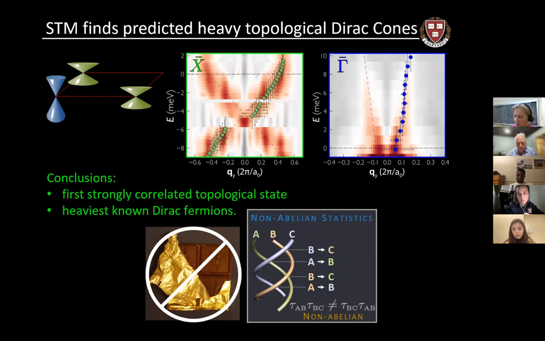And people are really excited about Majorana fermions for quantum computing purposes, because when you take 2 electrons around each other twice, you get back to the state you started with. If you take them around each other once, you get back to the opposite state. But an anyon is something that if you take them around each other, you get some fractional phase.